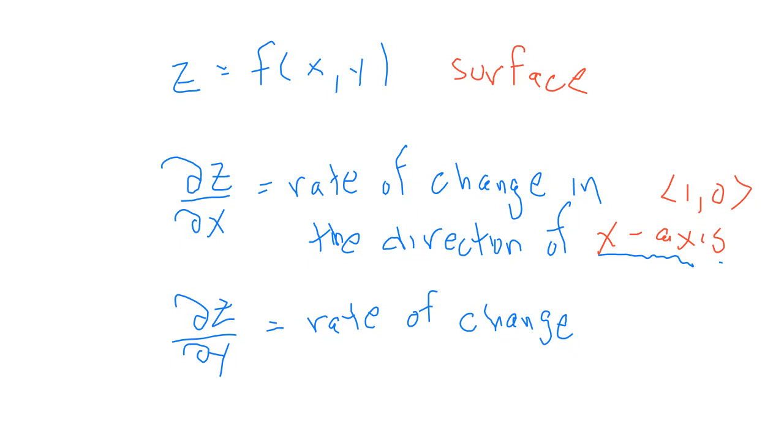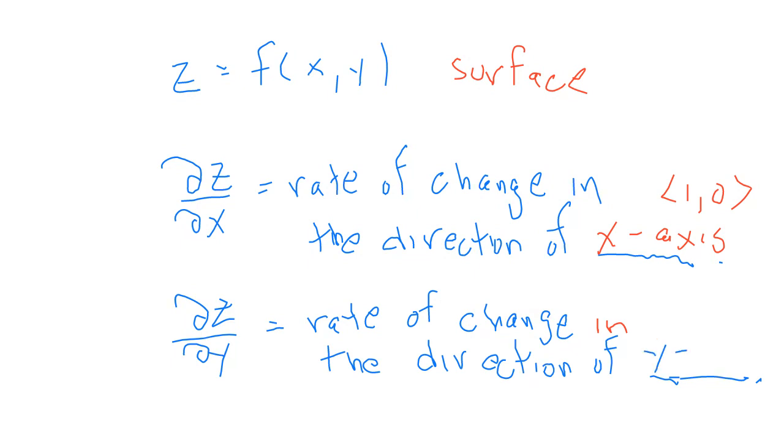The partial derivative of z with respect to y, on the other hand, is the rate of change of the surface in the direction of what axis? In the direction of the y-axis.